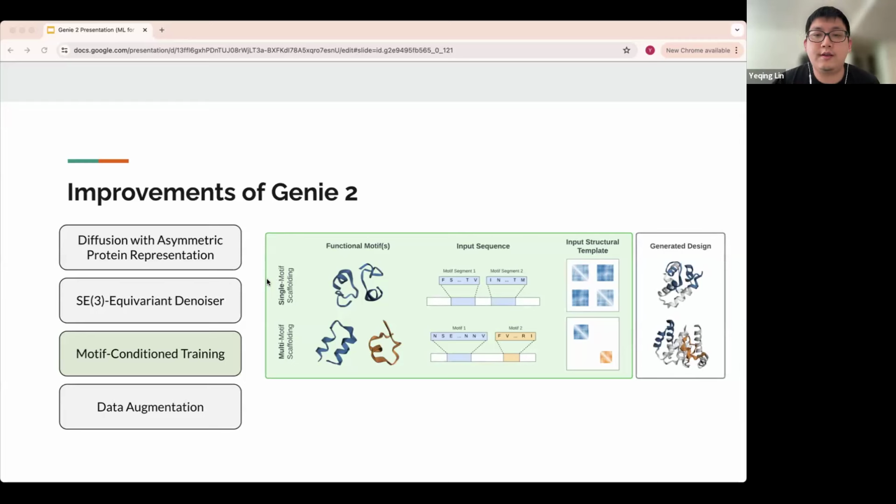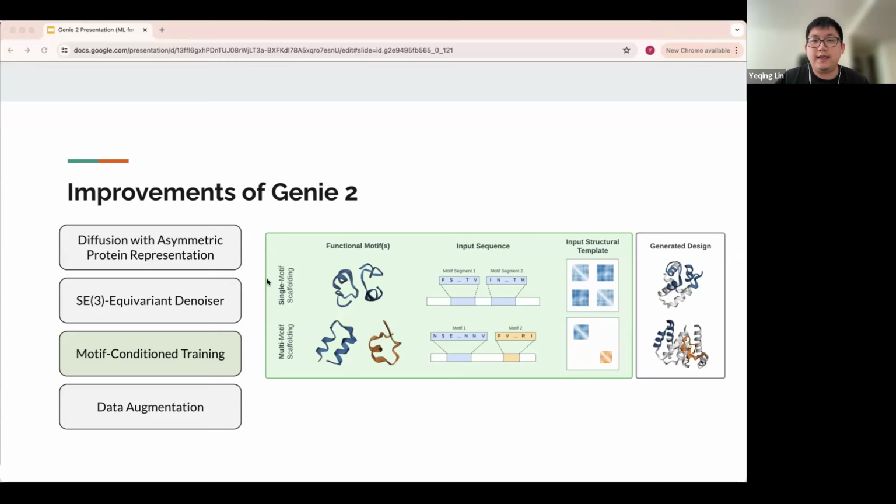One key thing to mention is that there is a key difference between the training of Genie and Genie 2. While Genie is trained on an unconditional task, we train Genie 2 with the single motif scaffolding task, since it gives us better model performance.